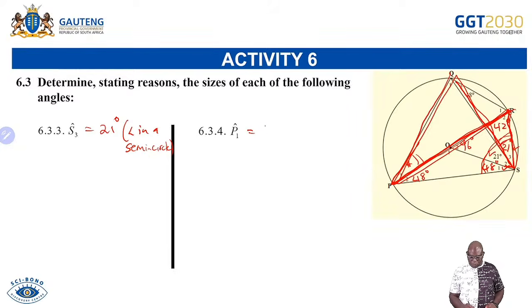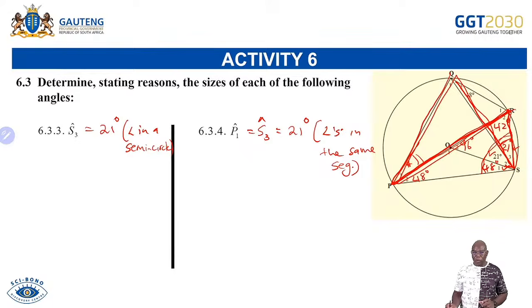So P1 will be equal to S3, and it's also going to be 21 degrees. And the reason will be angles in the same segment, or angles subtended by the same chord or angles subtended by the same arc.